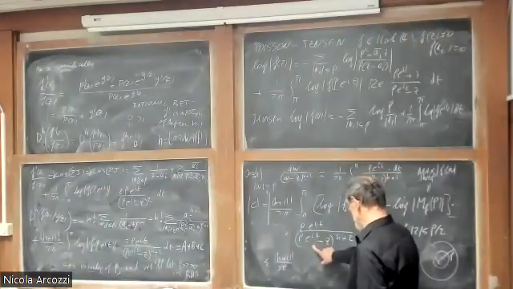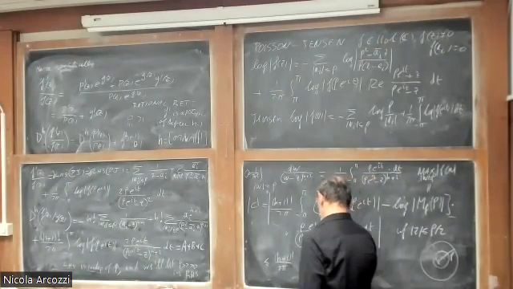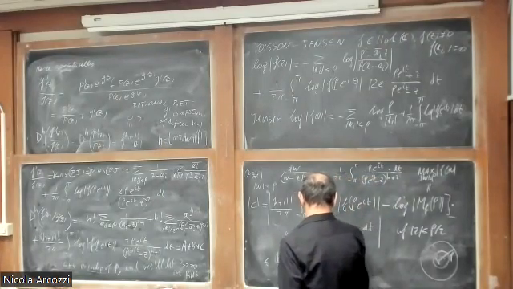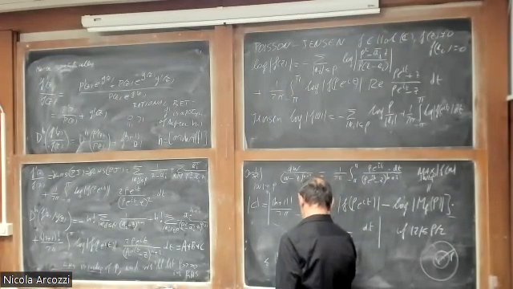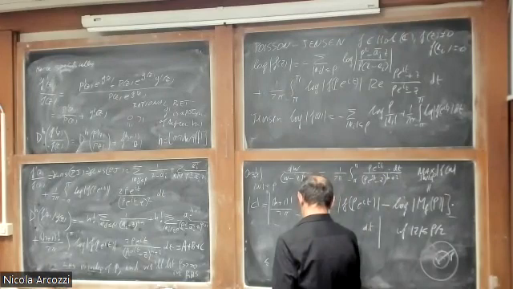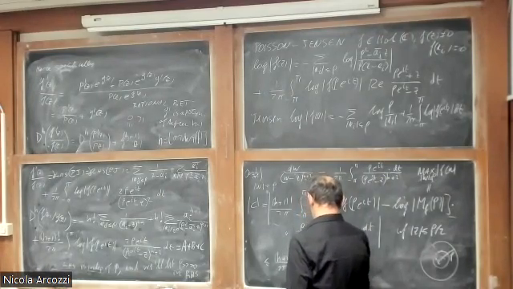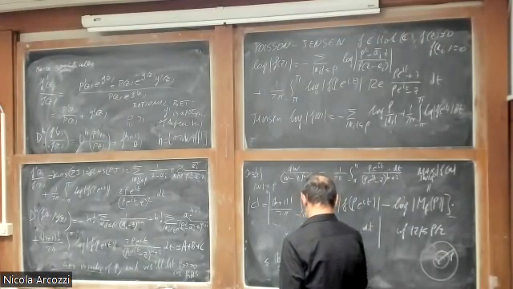So to the power h plus 2, we get 2 over rho to the power h plus 2.